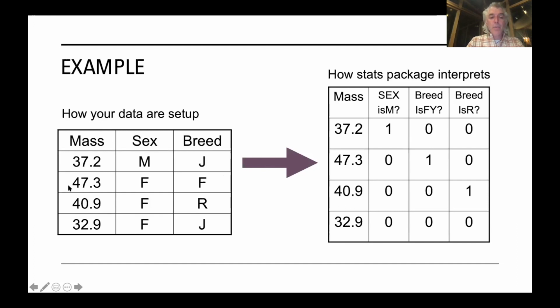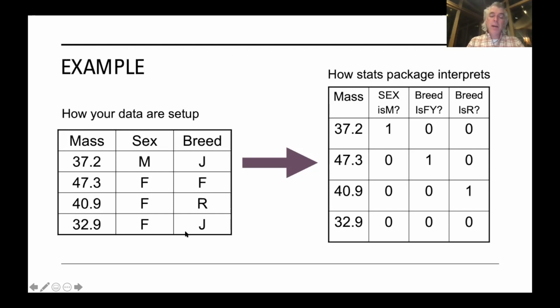So you might set up your data in a spreadsheet looking something like this, where we have our continuous predictor of mass, our categorical predictor of sex that's coded as either an M for male or an F for female, and our categorical predictor of breeding status, either juvenile, first year, or repeat breeder.